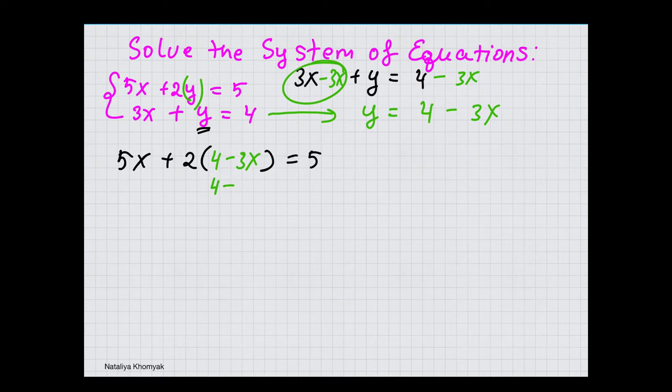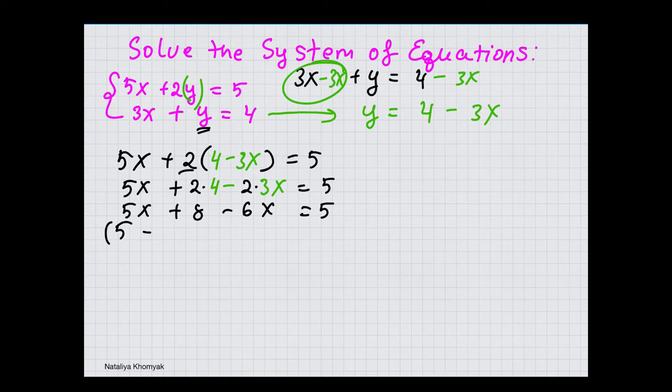So we have 4 minus 3x, that's our distribution, times 2, keep everything else as is. So we have 5x plus 8 minus 6x equals 5. We have like terms, 5 minus 6 of x, plus 8 equals 5. So we have negative 1x plus 8 equals 5.